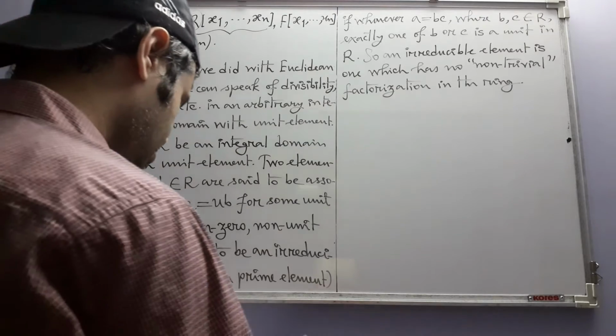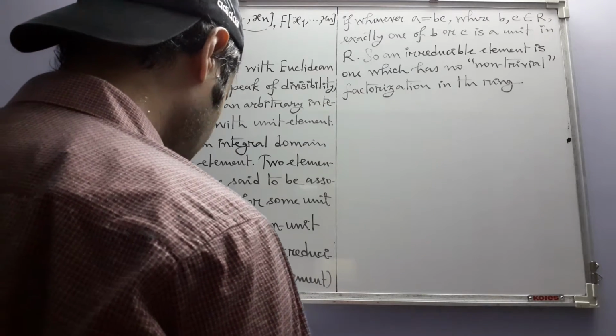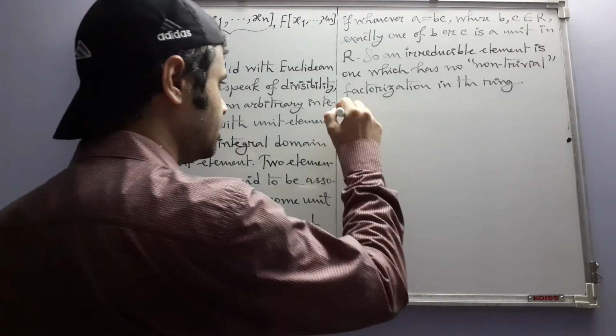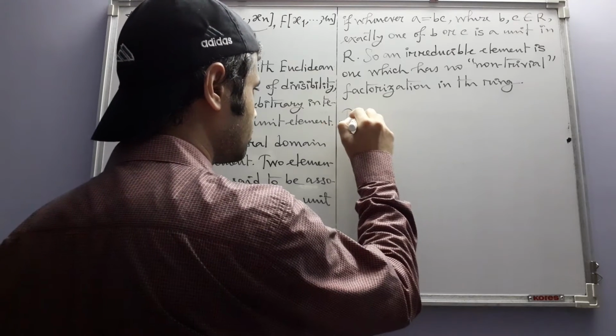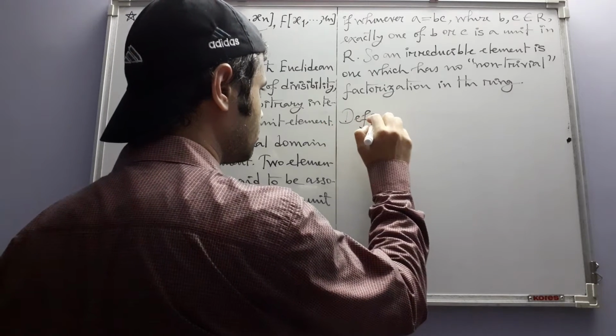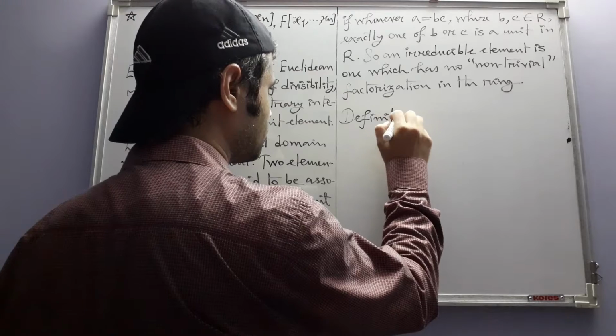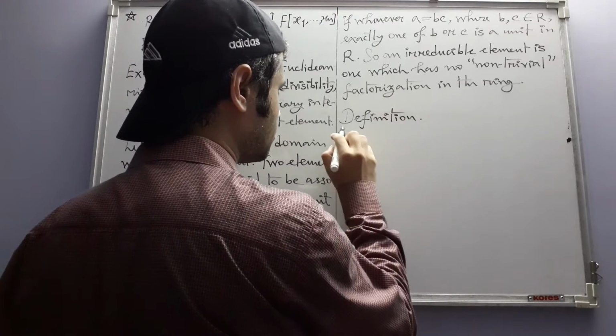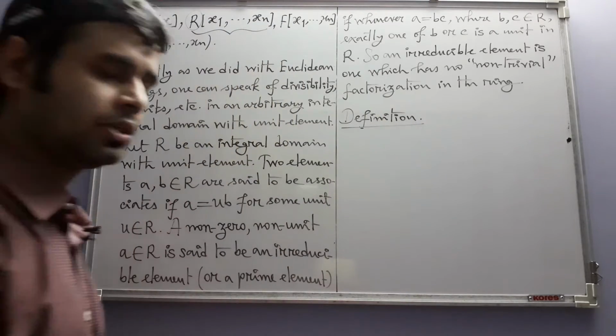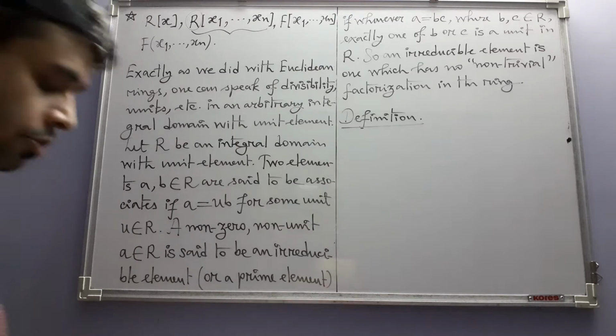Okay, now we come to a definition. Definition of a unique factorization domain.